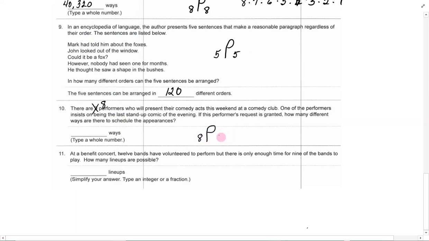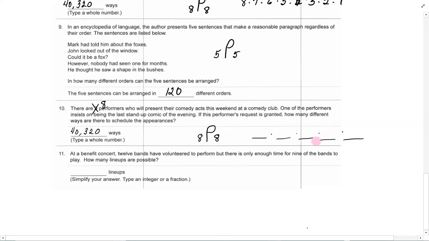Order matters. You're taking all 8 of those, so we're going to do the permutations of 8 taken 8 at a time. And if I did this on my calculator, I would get 40,320. Let me show you how we did this when we were studying the fundamental counting principle.